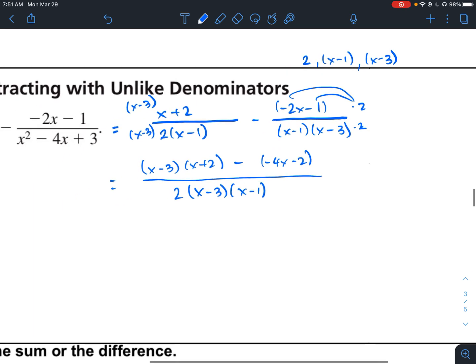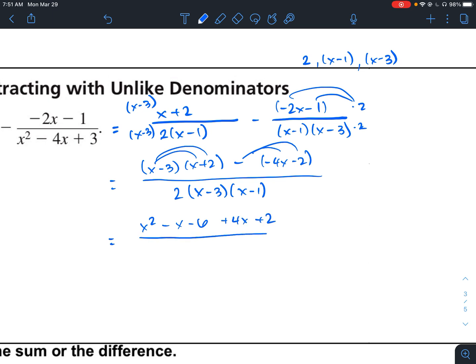Now I need to simplify the numerator. So I can distribute this, and I'm going to get x squared plus 2x minus 3x, so it's minus x minus 6. I can distribute this negative, so it becomes plus 4x plus 2, divided by 2 times x minus 3 and x minus 1.